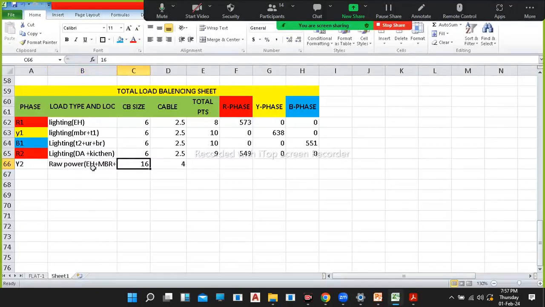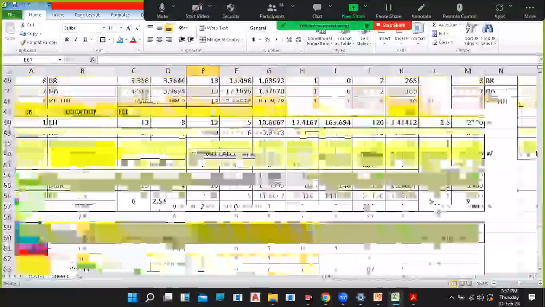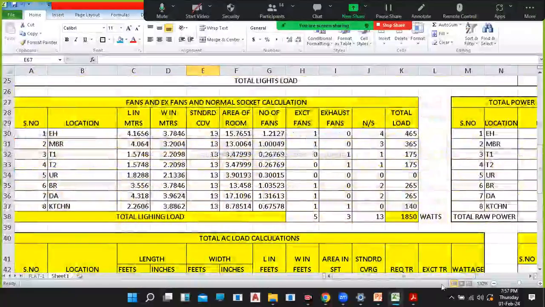I'll take all three in one. What are the points? 3 points. What is the load here? 3000, right? Yes. In which phase? Y phase. So I'll write 3000 and 0. So 3 points have been completed: entrance hall, master bedroom, toilet 1.